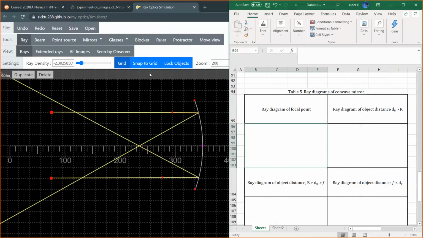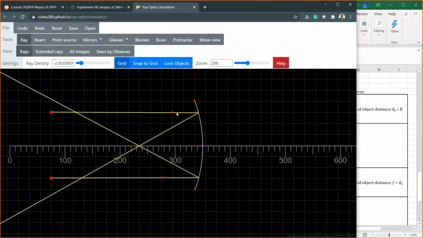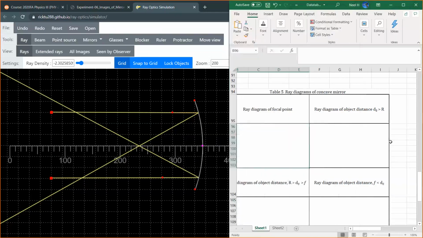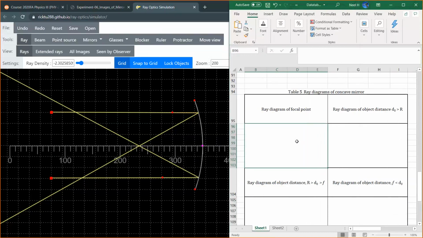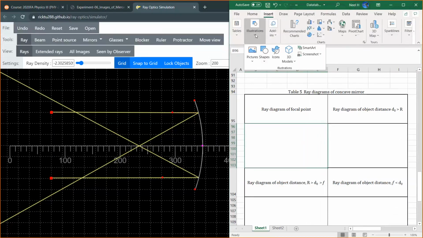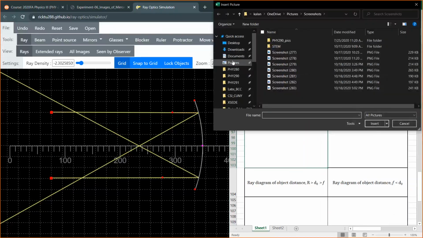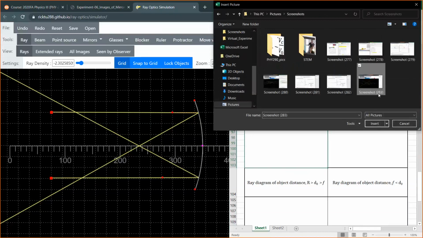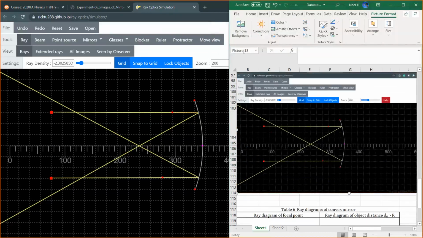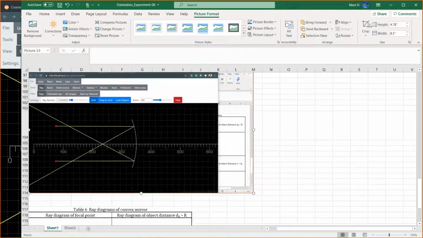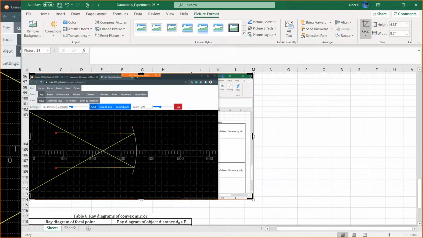We are not going to measure anything, so all you have to do is take a screenshot and then add that screenshot into here. So, ray diagram for the focal point. Insert, illustration, pictures, and then let's add the last one. We have it here, but you have to nicely readjust and crop this, because we are interested only in this ray diagram, nothing else here.